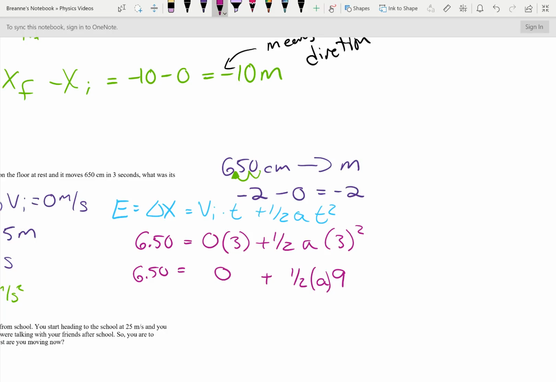It doesn't matter what order you multiply in, so we multiply the 1/2 times the 9, and that will get you 4.5 acceleration. We need acceleration by itself, so we have to divide. So our acceleration ends up being 1.44 meters per second squared.